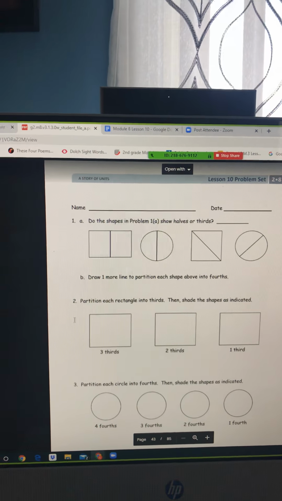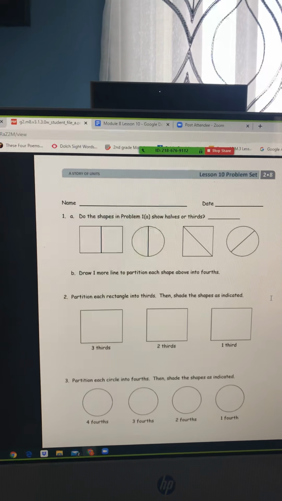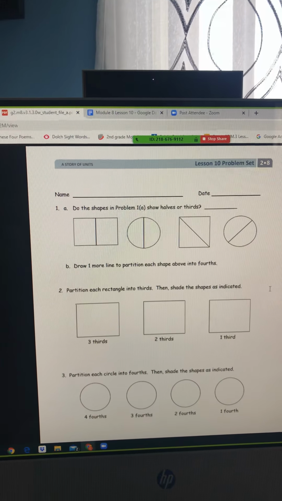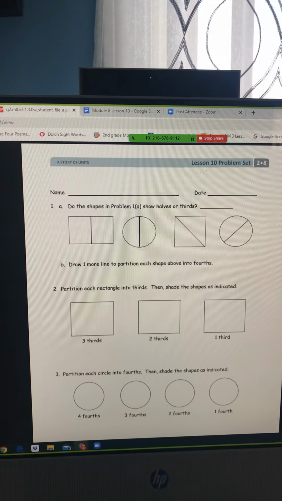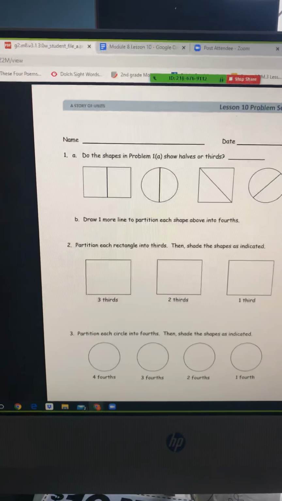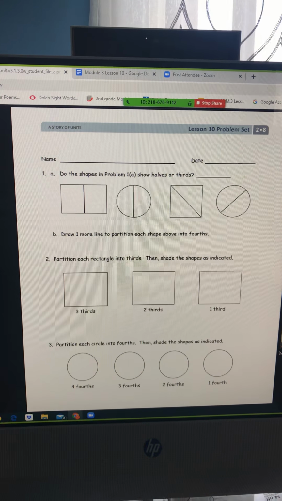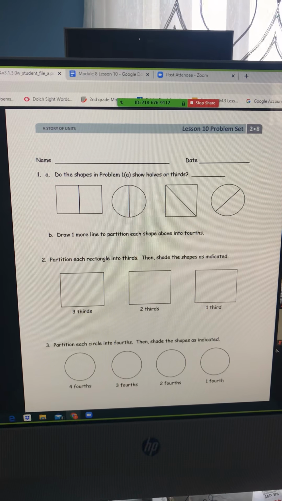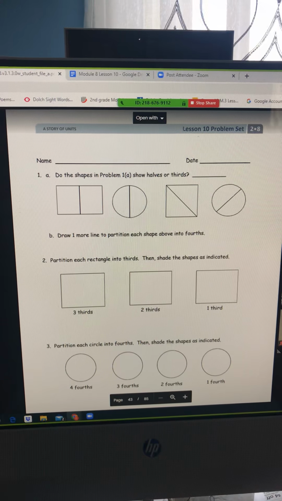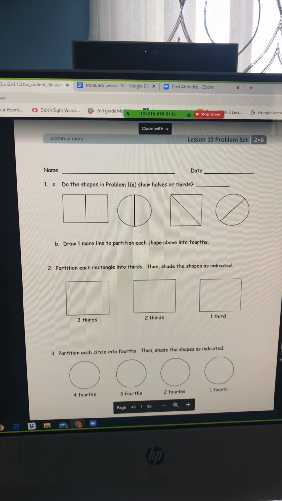Okay? Question 2. Nehemiah, you have a question? Go ahead. 43. Okay. Berlina, unmute yourself. Go ahead, Berlina, ask your question.